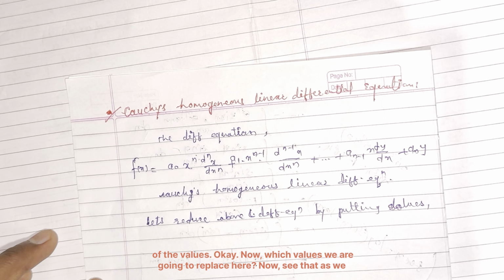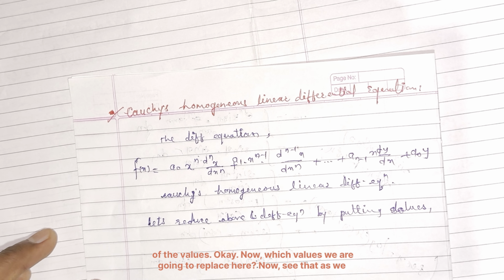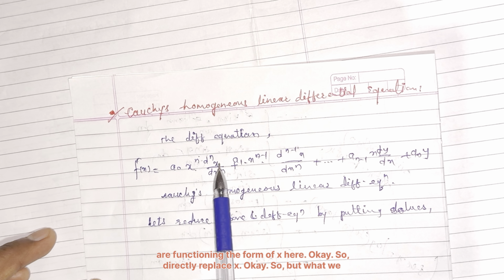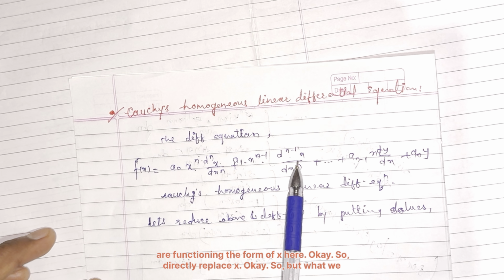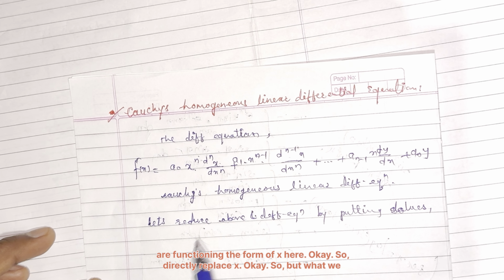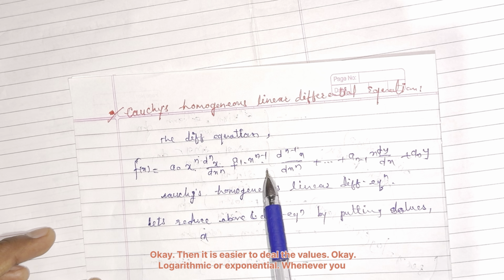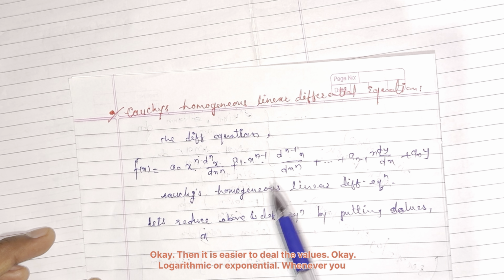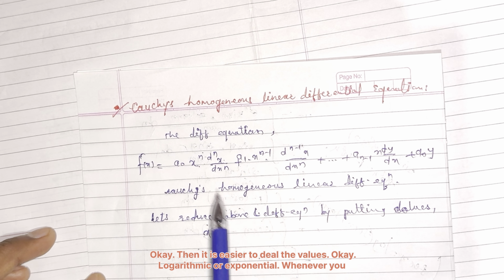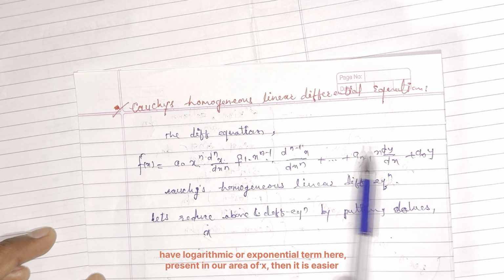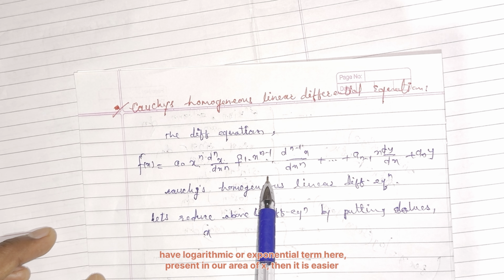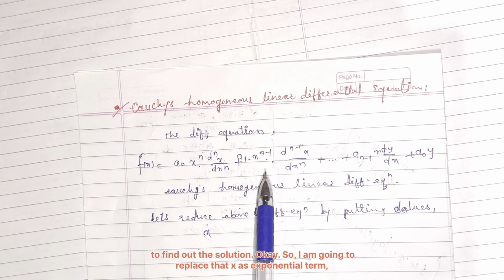Now, which values are we going to replace here? As we have a function in the form of x, we want our differential equation in the form of an exponential term, because it is easier to deal with logarithmic or exponential terms when finding the solution.